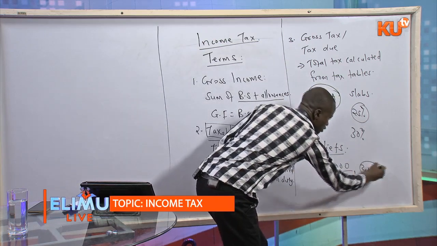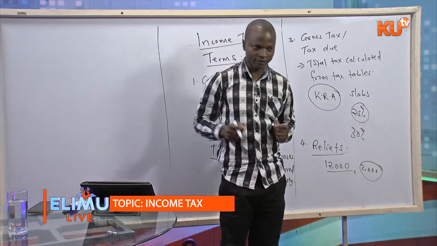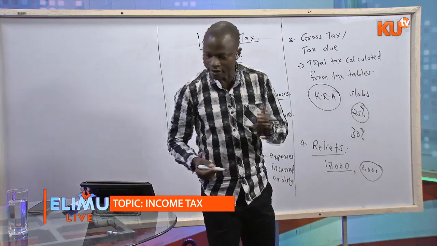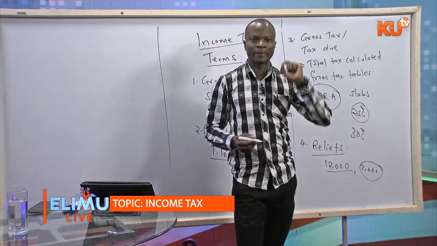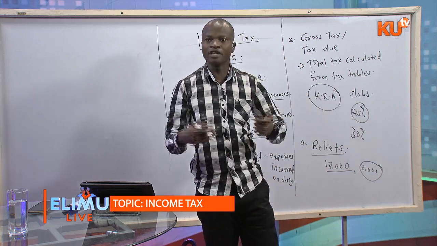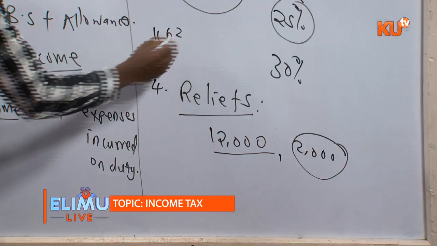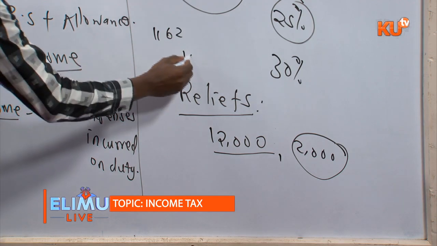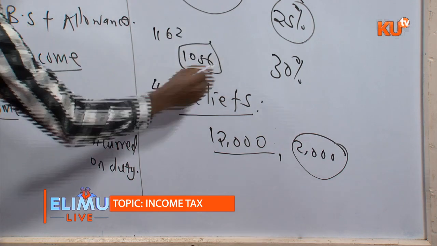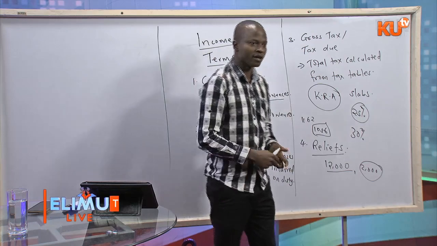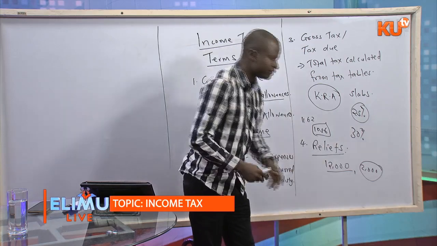So this 2,000 is called an insurance relief. Now in Kenya, every person is entitled to a personal relief depending on the year. It is usually 1162 or it can be 1056 depending on the tax rates of that particular year. That's called a personal relief.